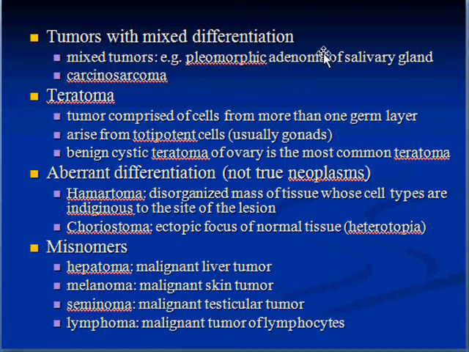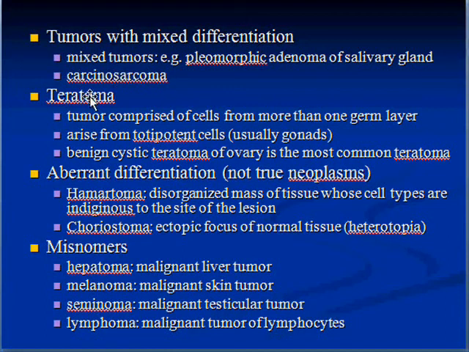If it was some type of malignancy, you know we would see the word adenocarcinoma in there. A malignancy called a carcinosarcoma, seen in various places, would have both malignant features of epithelium, the carcinoma part, as well as malignant features of connective tissue, or the sarcoma part.